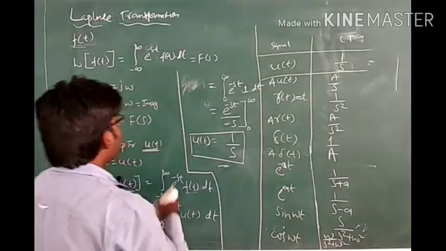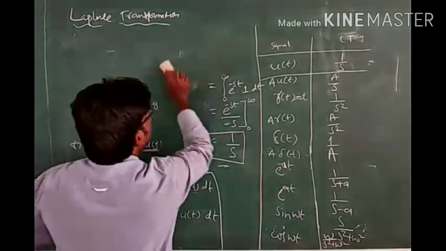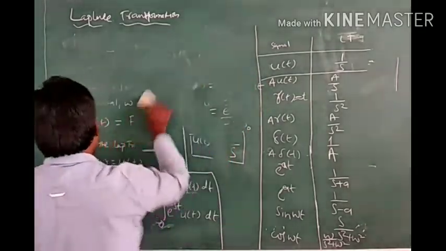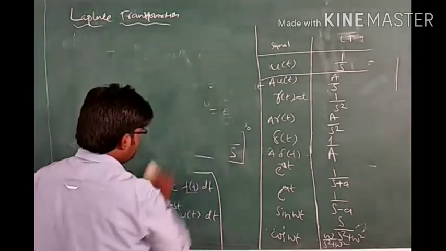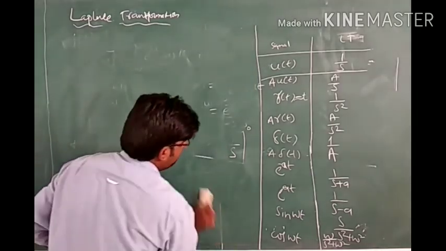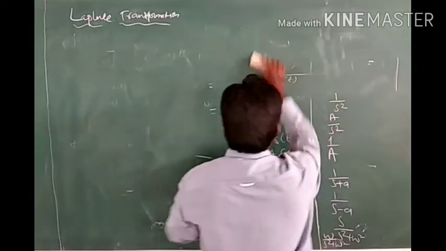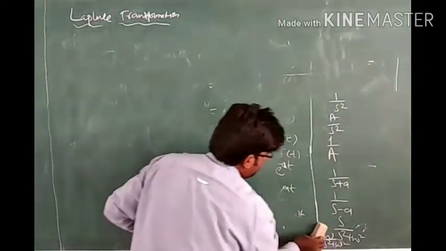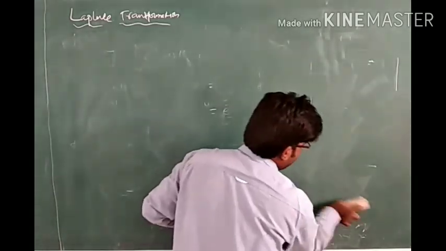Then next, this is about the Laplace transformation, where we represent the time domain functions in the frequency domain. So finally we came to know that Laplace transformation is a tool where time domain functions or time domain parameters can be converted into frequency domain. Understood?